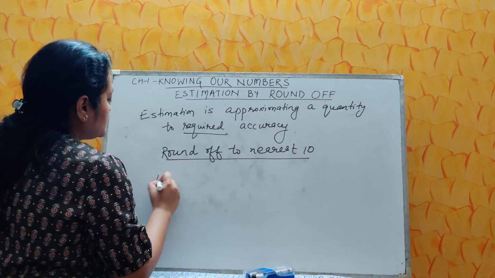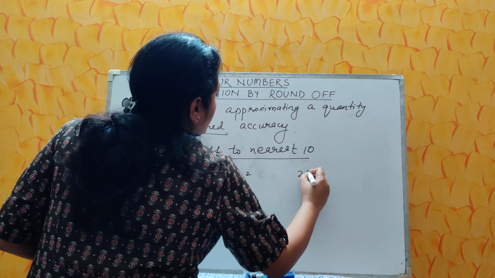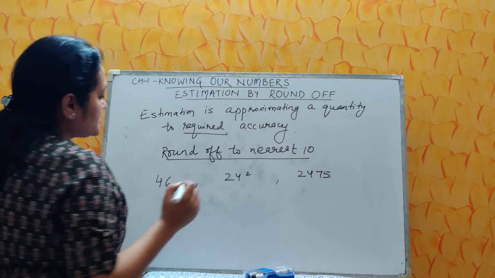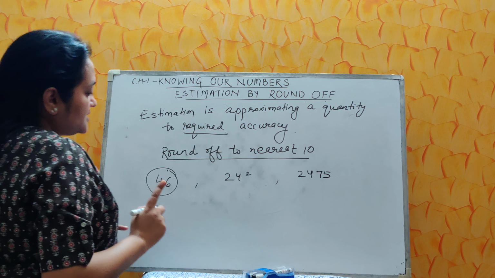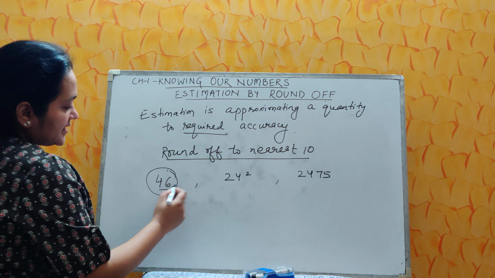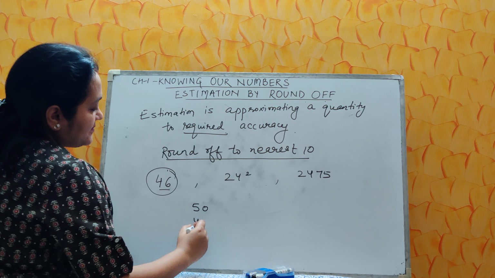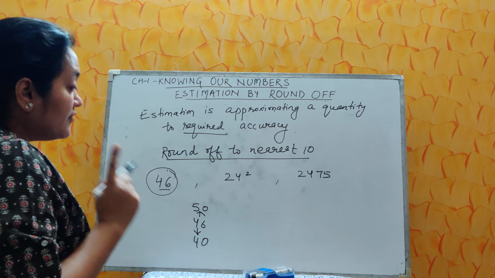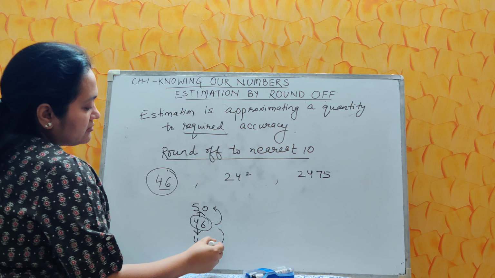I am taking three numbers 46, 242 and 2475. I want to round off to the nearest 10. Let us first take 46. First step is to find the two multiples of 10 between which 46 will lie. I know that 46 lies between 40 and 50. But how will you decide whether you are going to round up to 50 or round down to 40?